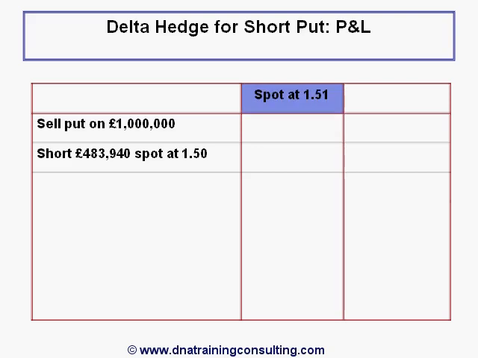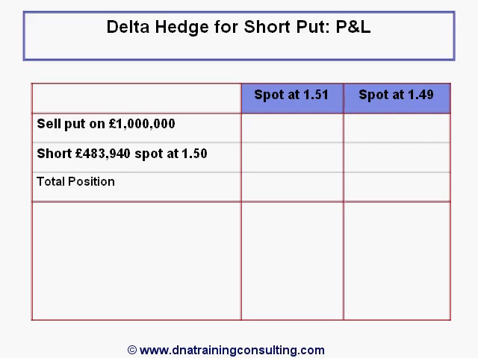If now sterling changes by 1 cent up or down as before, we can see the effect on his aggregate position in this top half of the table. This time, of course, it is the short put that generates a gain for the trader when spot rises, and the short sterling position that generates the loss, and vice versa when spot falls.